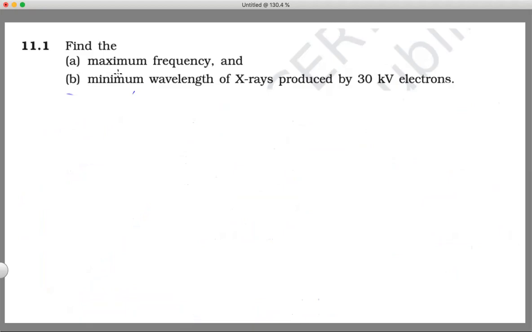Okay, so we need to find the maximum energy for X-rays produced by 30K electron volt electrons. There is a misprint here. This is the unit of energy, right? So the energy is 30K electron volt.